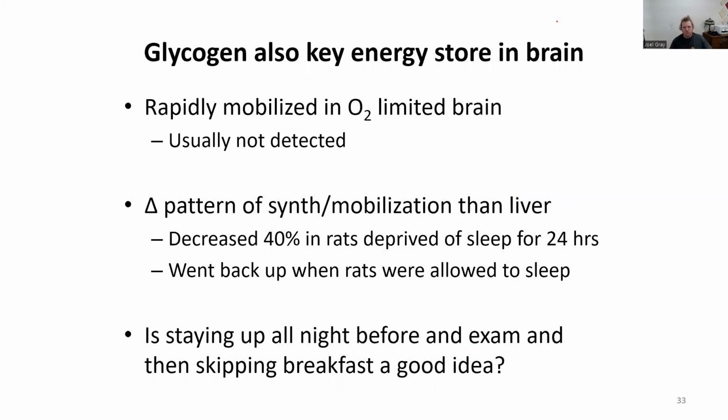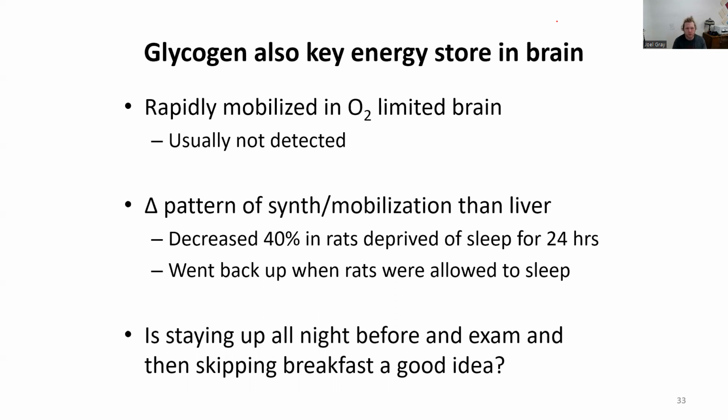Now, glycogen is also a very key and important energy storage system in the brain. You are able to use that glycogen fairly easily.